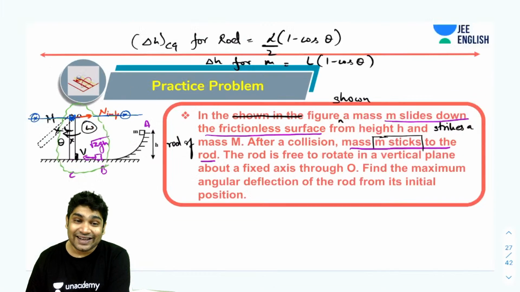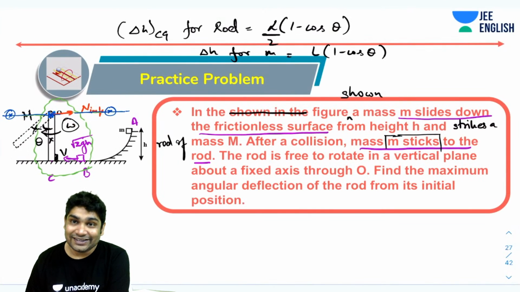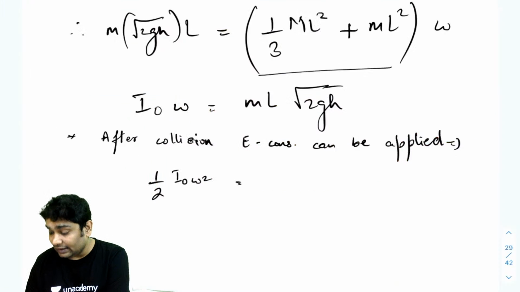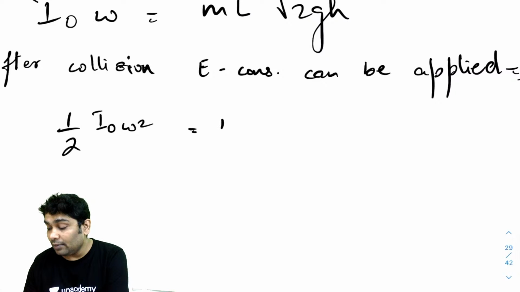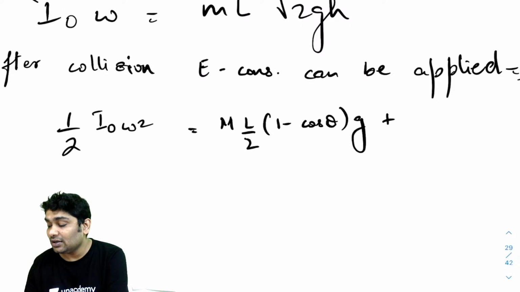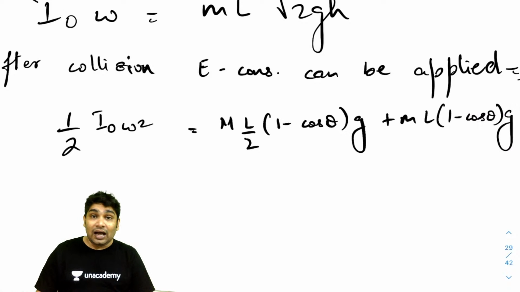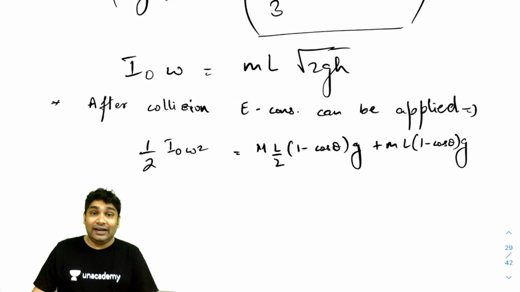So all this kinetic energy would have gone into potential energy. I can write half I omega naught squared should be equal to m times L by 2 times 1 minus cos theta plus m times L times 1 minus cos theta. So now I can solve this equation and find theta.